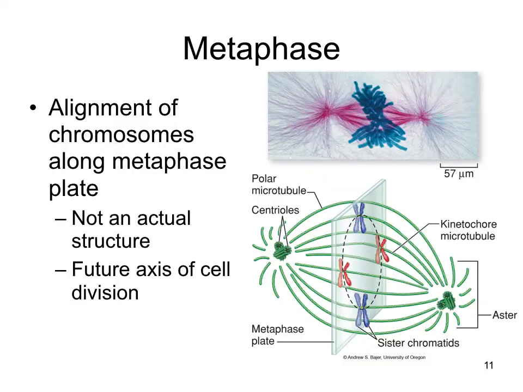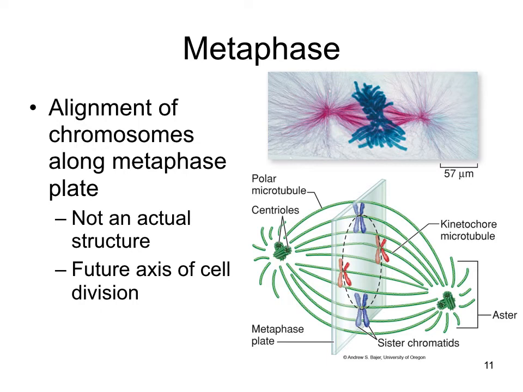Okay, here we can see this kind of in a photo through a microscope and through a diagram. The metaphase plate, it's just an imaginary line that forms the center of the cell, but the cells line up on it very precisely. They line up the chromosomes. Half the chromosome kind of pointed one way, half the other way.